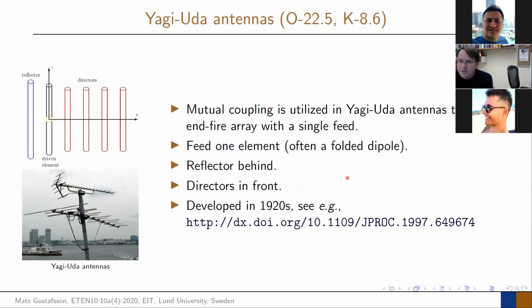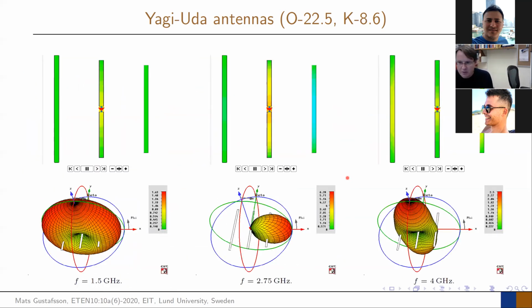The one that I showed here has 3 elements, and you can see that the directivity here goes down to like 6.3. If you would like to have a beam that goes even more like this, you can do that by adding more elements in front. So you can make the beam more narrow and you make the directivity higher. And to do that, you add more elements.